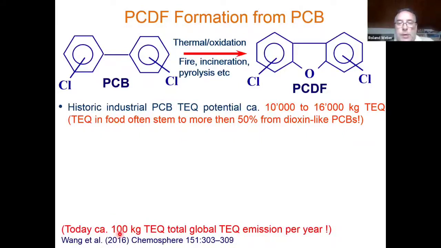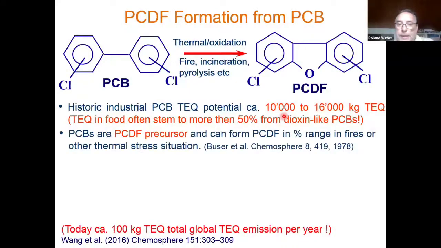And you see in history from PCBs, we had a release and production of 10,000 to 16,000 kilogram. By this, you can understand when you today look into your food, into a fish, for example, the TEQ in this food or fish often comes more than 50% from dioxin-like PCBs. This you can understand by this number.